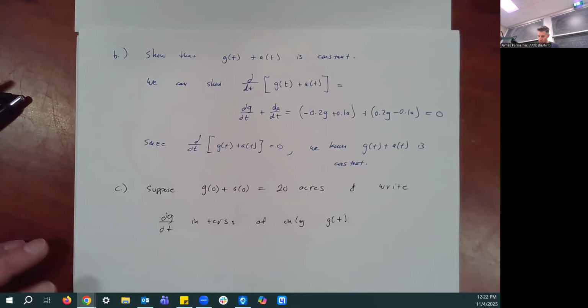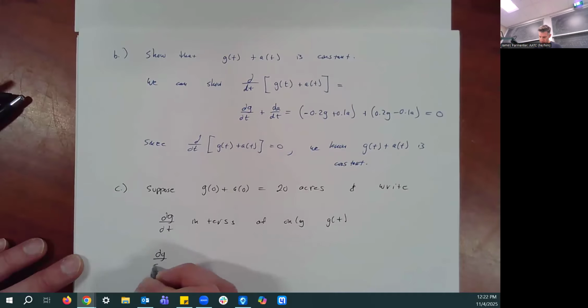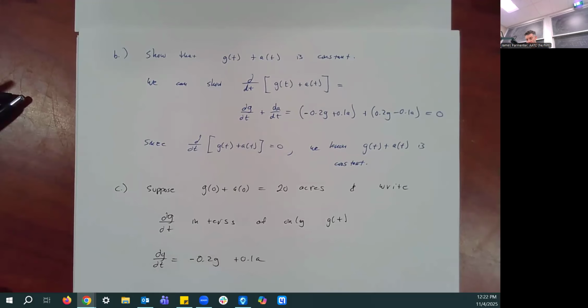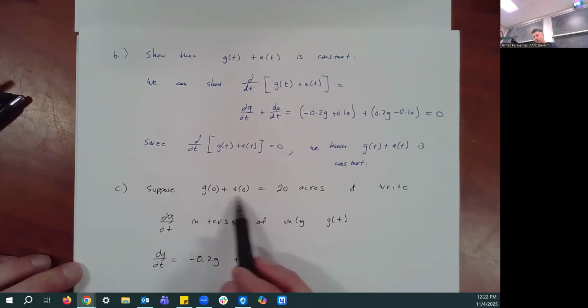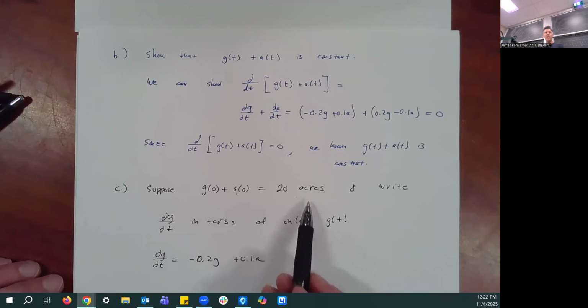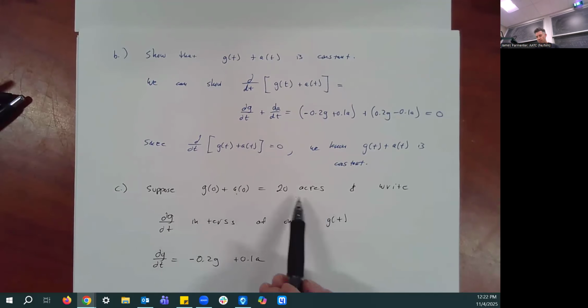Well, I'll remind you, we know that dg dt is equal to negative 0.2 times g plus 0.1 times a. But we also know that g of 0 plus a of 0 is equal to 20. That might not feel super helpful, but we talked about how g of t plus a of t is always constant.